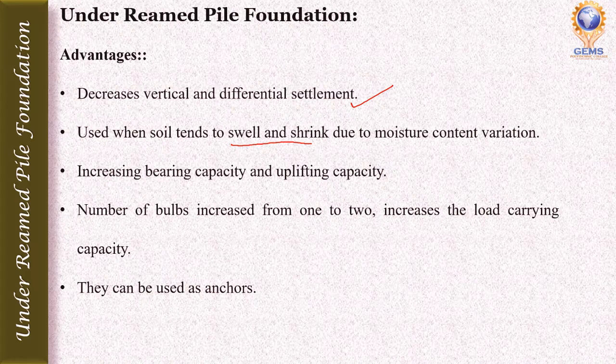Provision of under reams or bulbs has the advantage of increasing the bearing capacity and uplift capacity. When the number of bulbs is increased from 1 to 2, the load carrying capacity of the under reamed pile also increases. So if we increase the number of bulbs, automatically the load carrying capacity of the pile also increases.